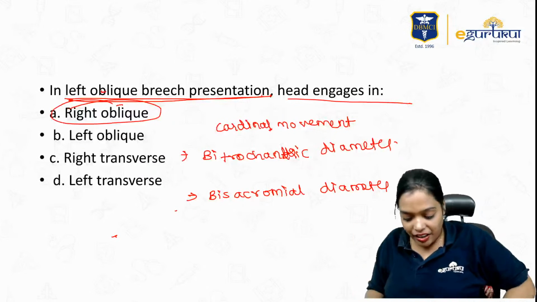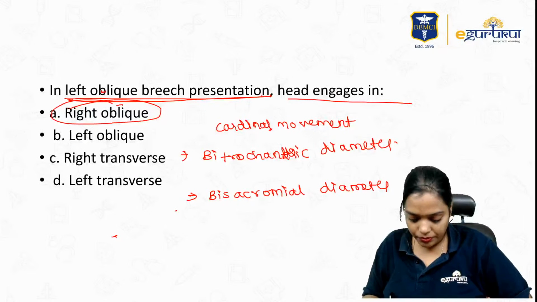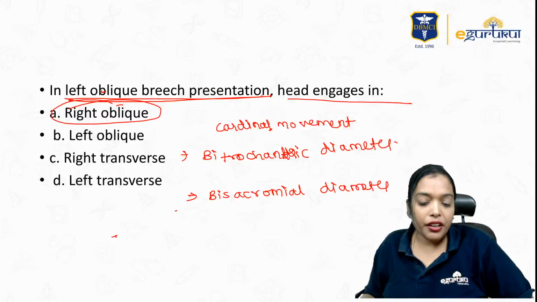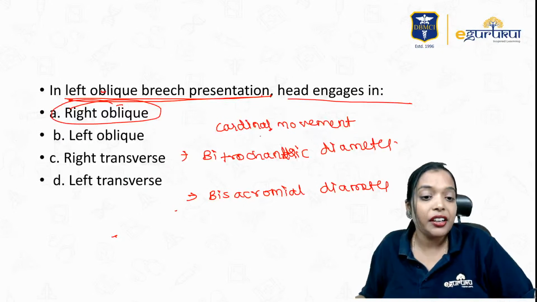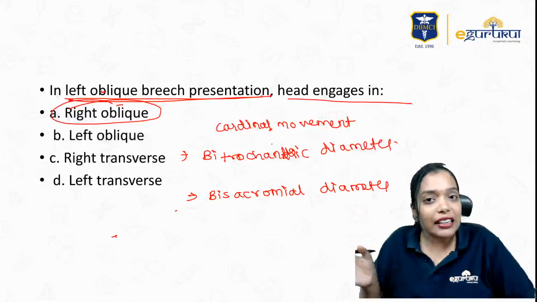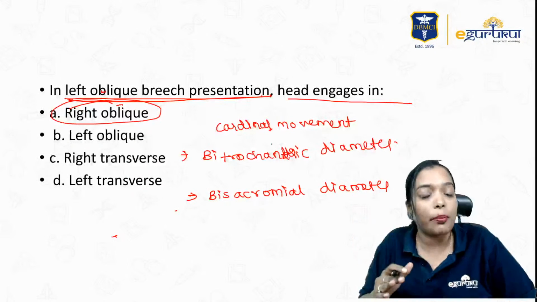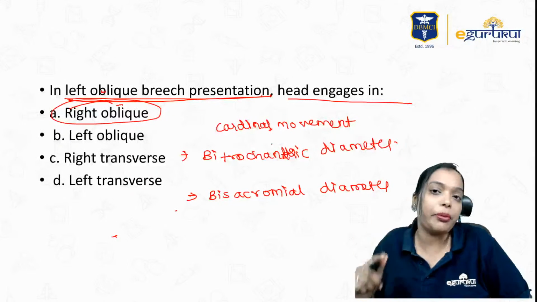So in left oblique breech presentation, the bitrochanteric diameter and bisacromial diameter, that is the buttocks and the shoulders, will engage through left oblique, but the head will engage in the opposite direction, that is right oblique. Okay.